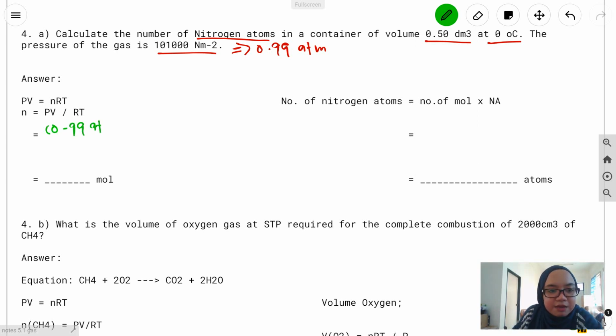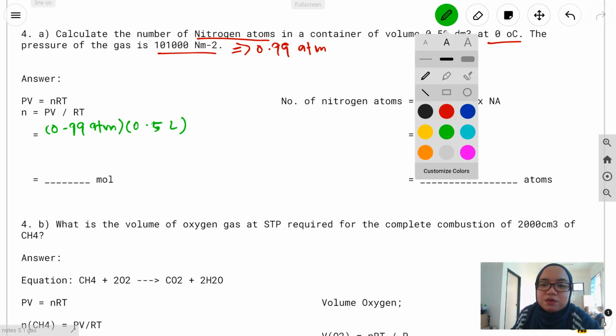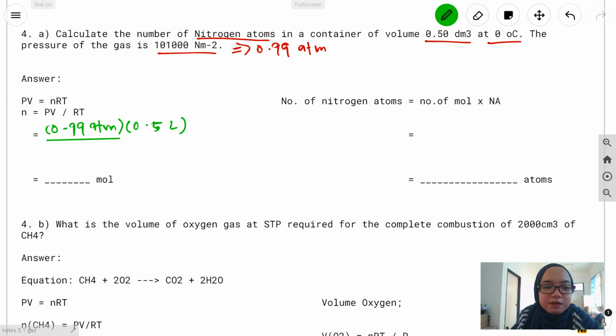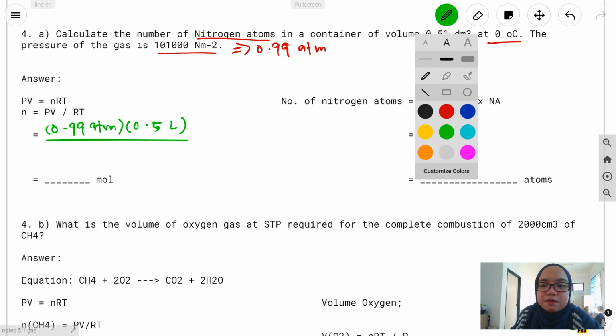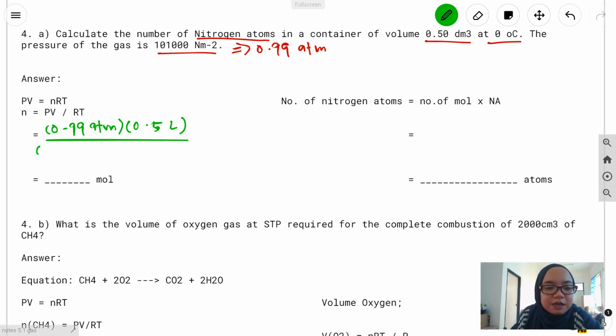0.99 atm, V volume 0.5 liter. So since decimeter cube is equal to liter, right? Alright, so next, the R we use 0.08206 liter atm per mole per Kelvin times temperature 0 degree Celsius, so 273 Kelvin.